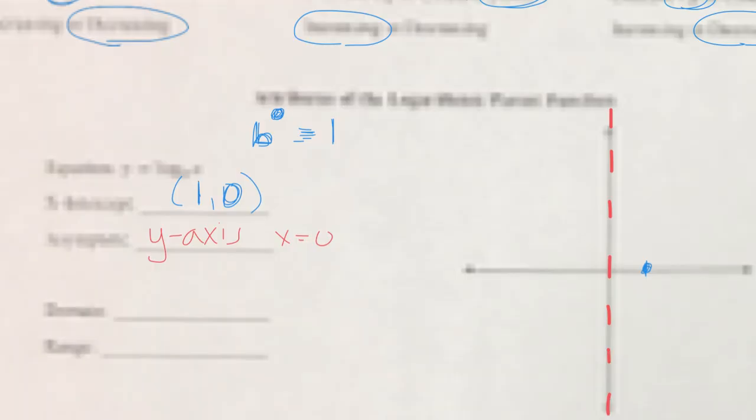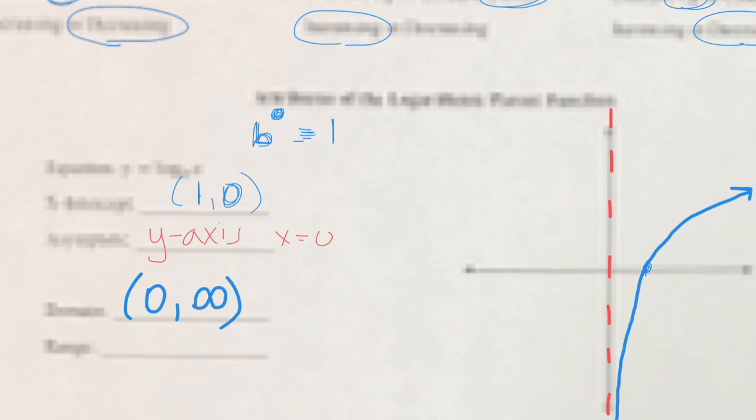Okay, the domain is everything bigger than 0. The log will never be 0. So our domain is parentheses 0 to infinity, right? Not bracket, because we're never going to actually reach 0. So we have a 0 to infinity domain. And the range is all real values. In other words, negative infinity to positive infinity.